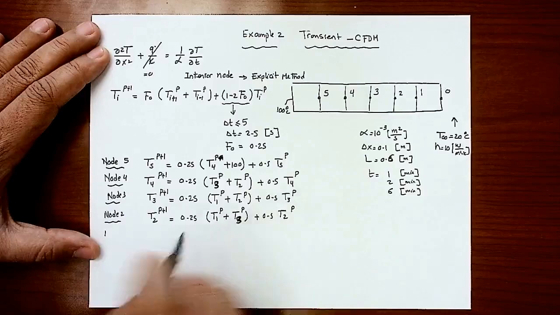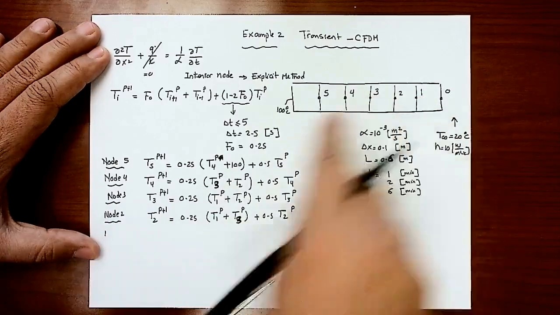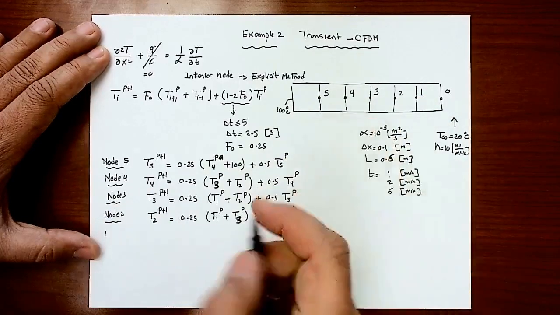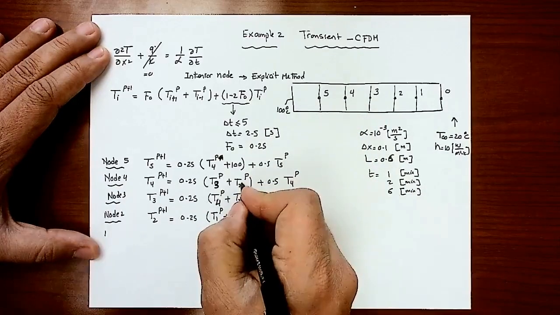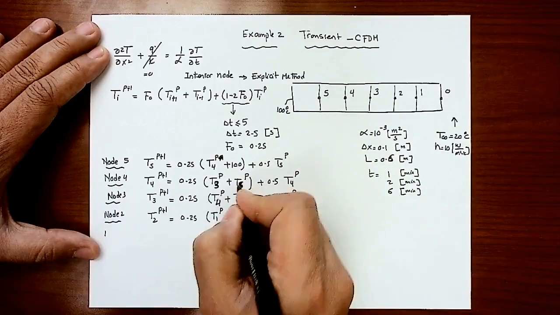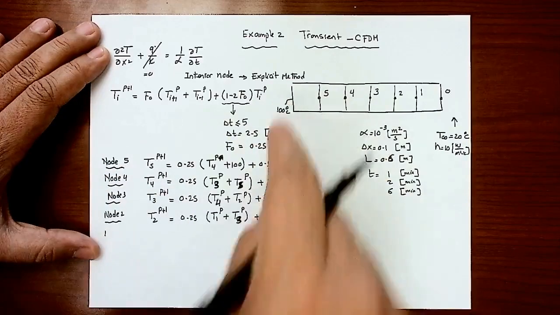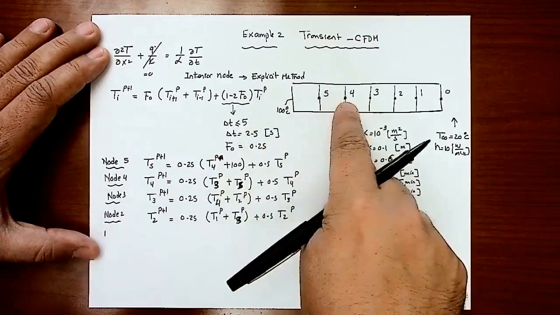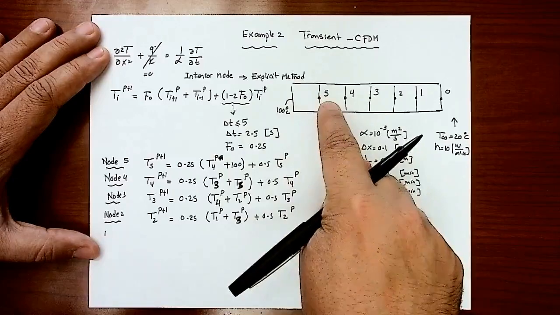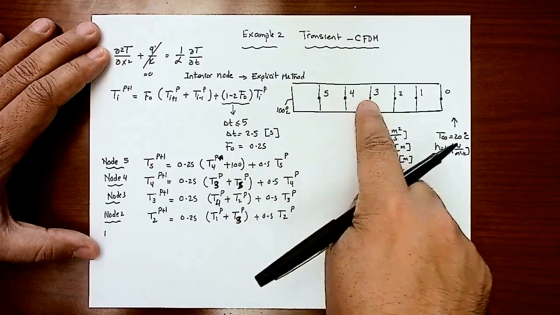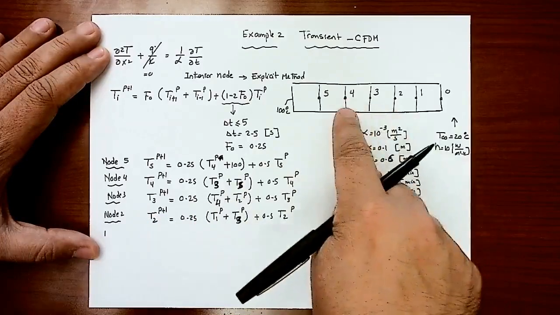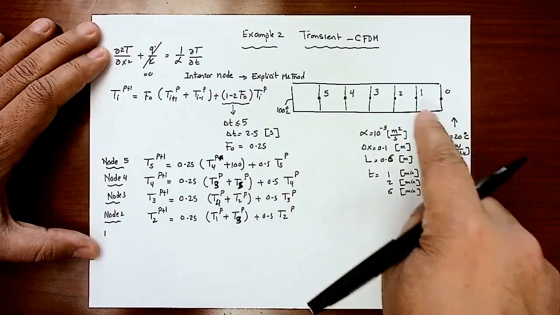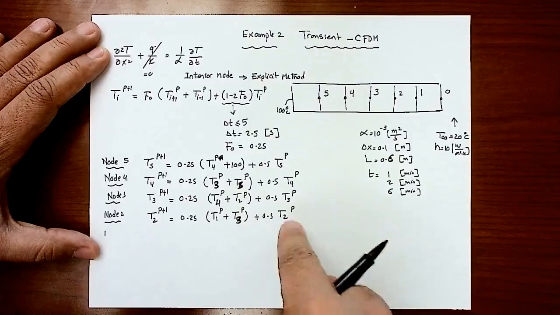We are at node 2, so take 1 and 3. At node 3, take 2 and 4. At node 4, we take 3 and 5, correct? Then at node 5, we take 4 and 100, then the node itself. When you go for 4, you take 3 and 5 and 4 itself. At node 3, you take 2 and 4 and 3 itself, then 1 and 3 and 2 itself.